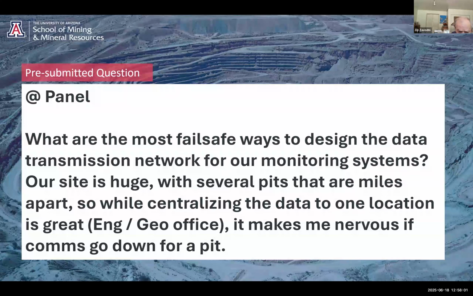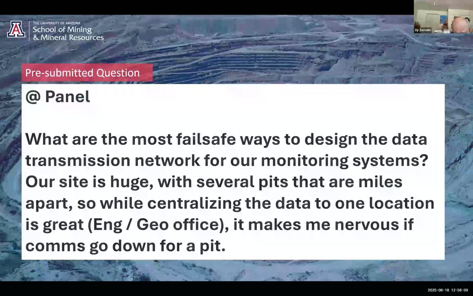And if I understand this question, this person has multiple pits to work with, you have to have site-specific systems for those pits. And I think it needs to be site-specific for sure.